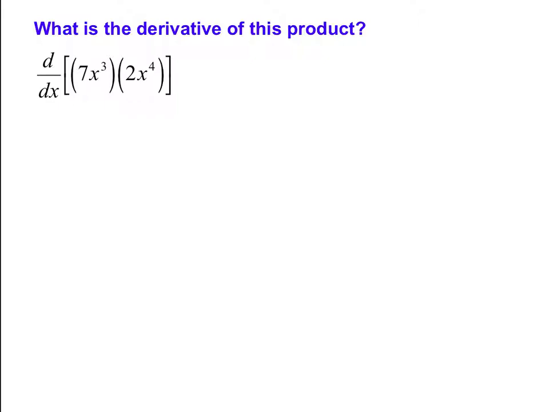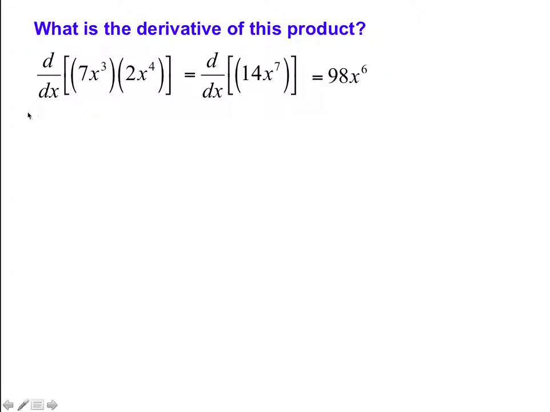So multiplying this expression to get rid of the parentheses, we're going to end up with 14x to the 7th power. Now I've got a single term I can do my power rule on. So I bring down my 7, multiply by 14, end up getting 98x to the 6th power, reduce my power by 1. So there's my derivative. So that's how we can handle a pretty simple product here.